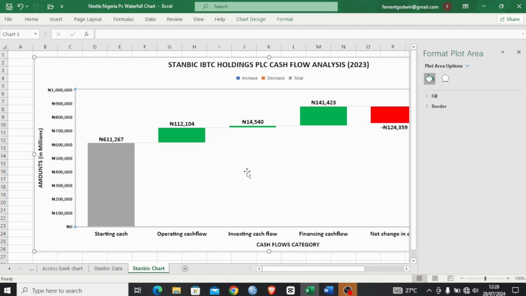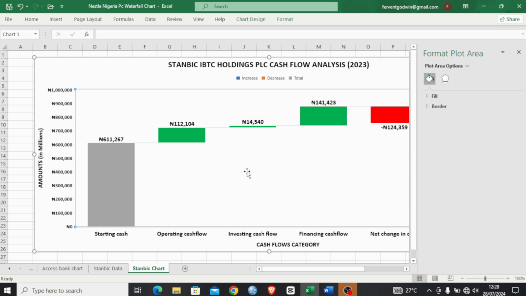Investing cash flow, how they invest in other companies to gain dividends. And then net change in cash, what is actually happening to the cash on hand, which is the company's cash balance.